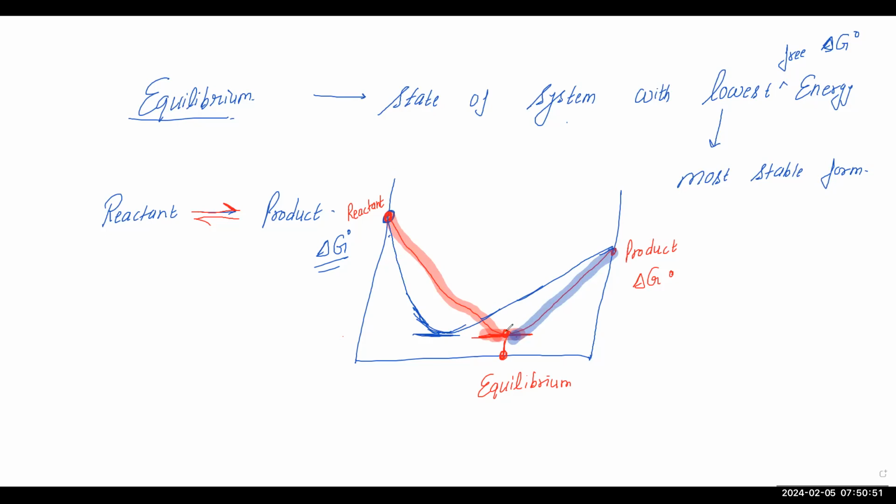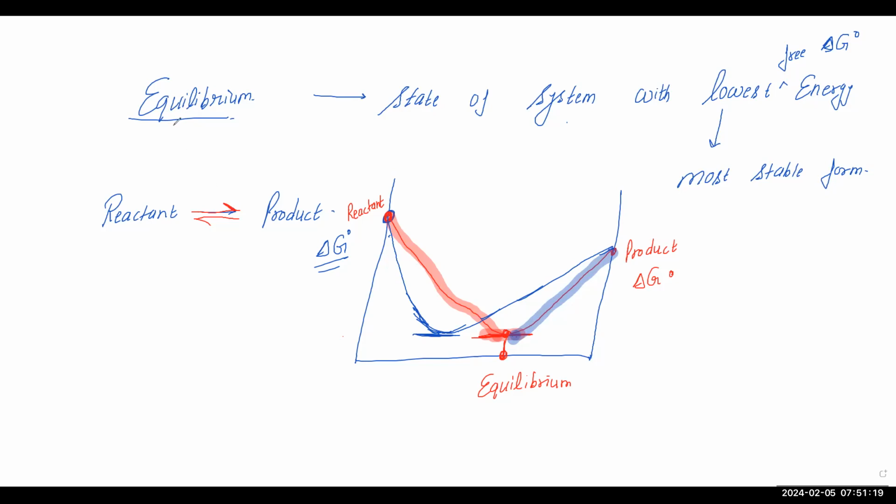So equilibrium doesn't mean that products and reactants are equal. Equilibrium only indicates that the reactant and products are together with the lowest free energy. They may or may not be equal. So is the meaning of equilibrium clear?